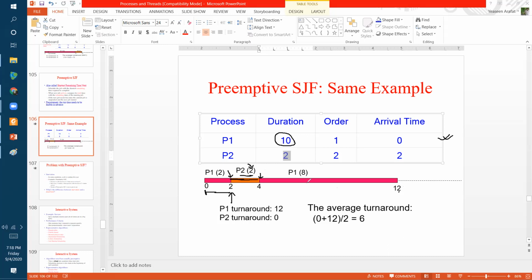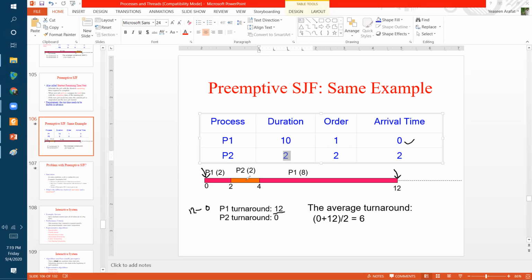So if we calculate the turnaround time, it will be different from normal SJF. Let's see how. For P1, the end time is 12 and the arrival time is 0. So P1's end time, 12, minus its arrival time, 0, equals 12.